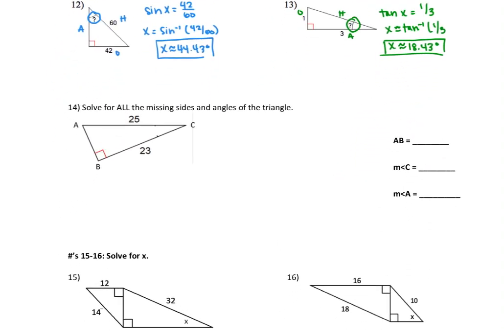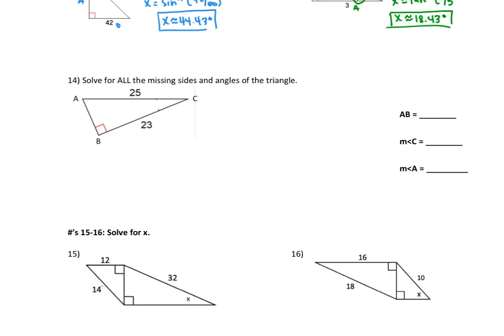Okay, number 14, we're solving the right triangle, so we're solving for all the missing sides and angles. So with these types of problems, you're going to start with whatever you have two of. So since I have two sides, I'm first going to solve for AB. And I'm going to solve using Pythagorean theorem. So x squared plus 23 squared equals 25 squared. So x squared plus 529 equals 625.